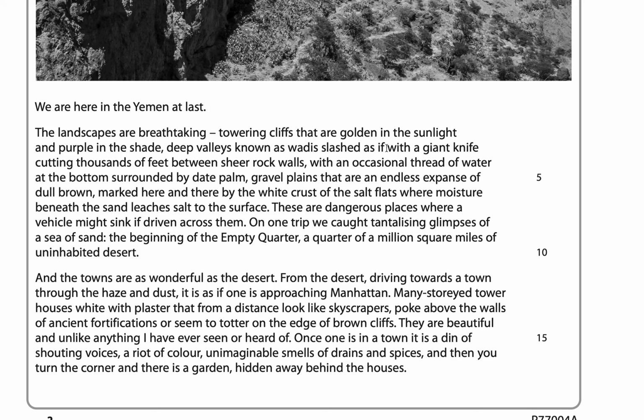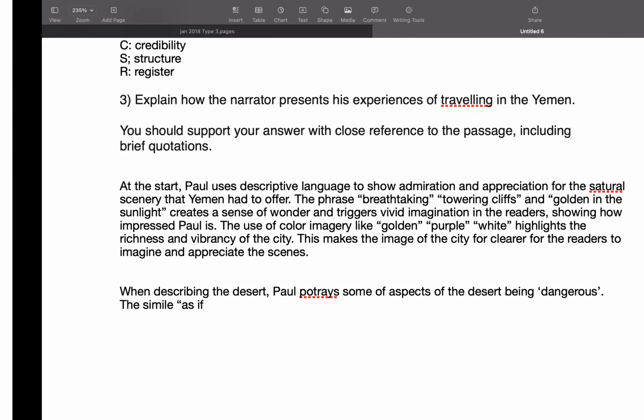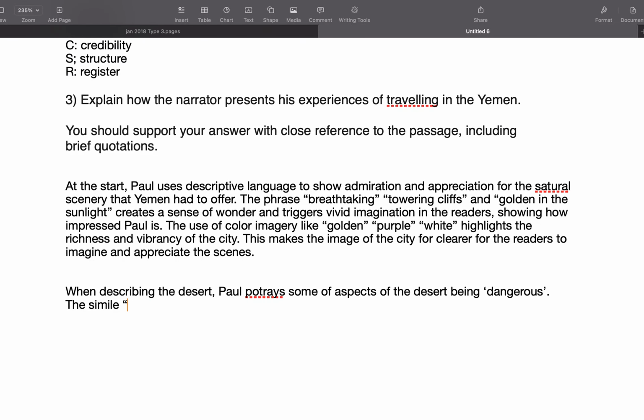This is a simile, as if. You're comparing it with the giant knife. Slashed as if with a giant knife. What does it do? A knife is dangerous in and of itself.